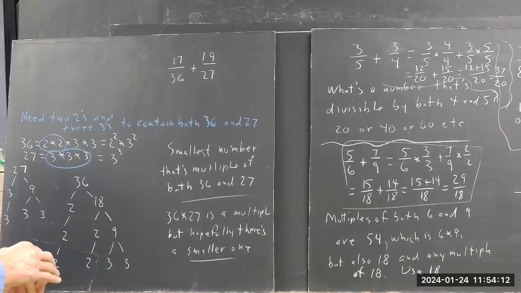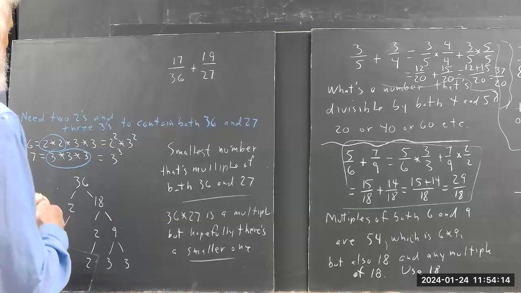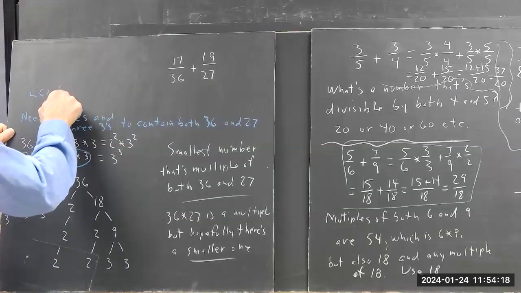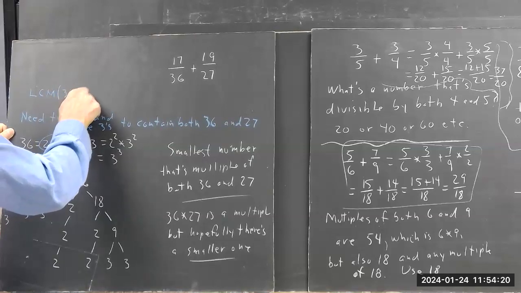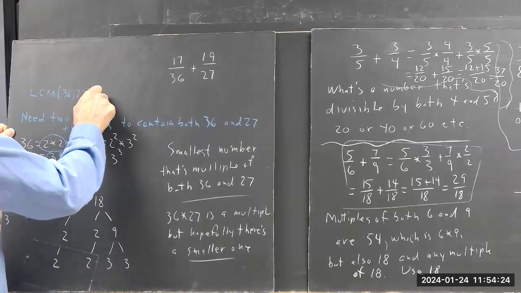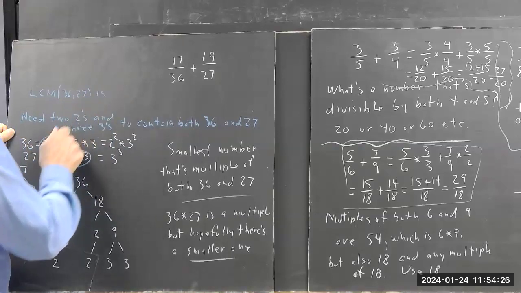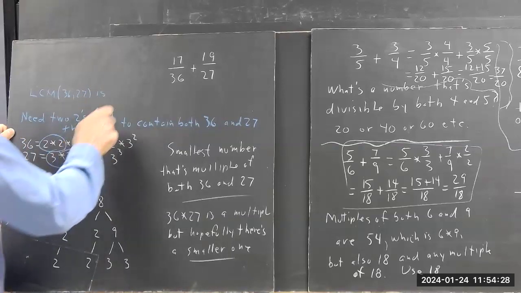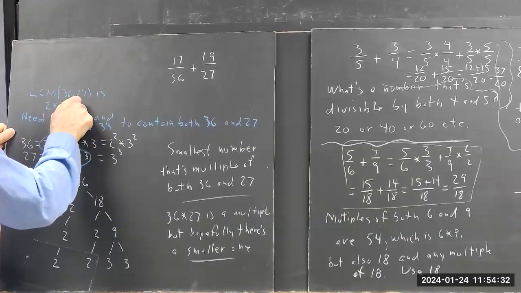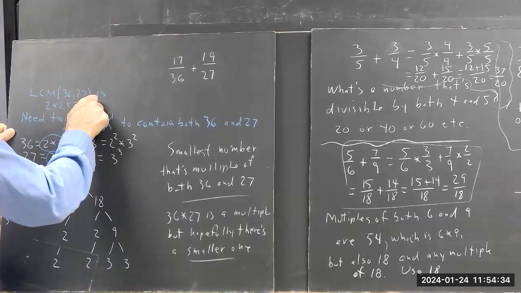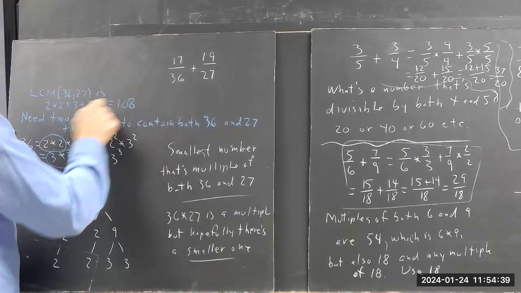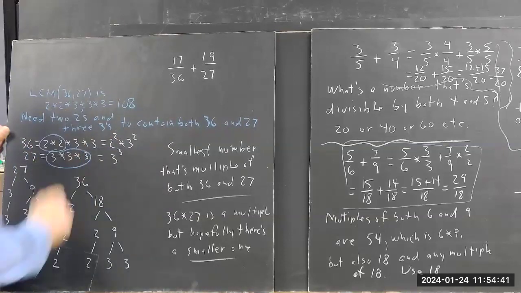So the least common multiple of 36 and 27 is this, which multiplies out to 108.